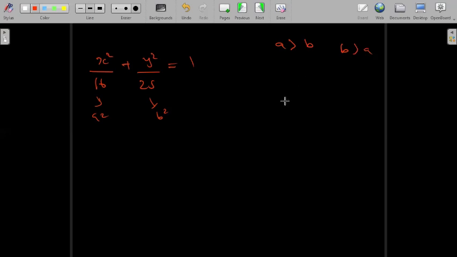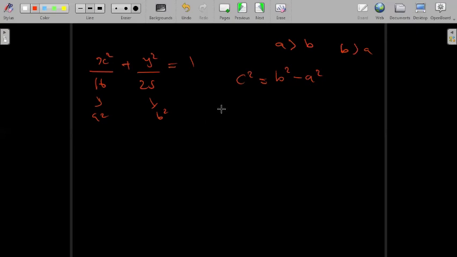Now, when finding our c squared in this case, it's going to be b squared minus a squared. Instead of the way we had it at first, it's the other way around. They just swap like this.